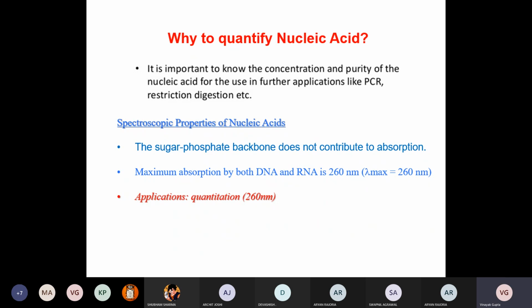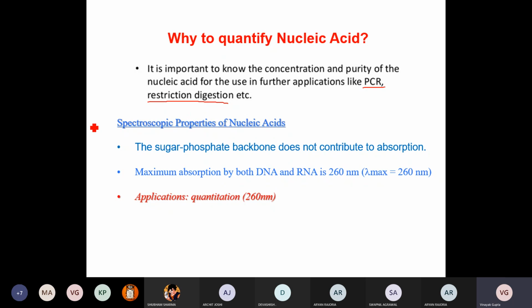Why quantify nucleic acid? The reason is very clear: the PCR or RFLP techniques are going to use a particular amount, like 10 nanogram or 100 nanogram. So it is a must to know the concentration of your nucleic acid, which is DNA here. How are we going to quantify DNA?